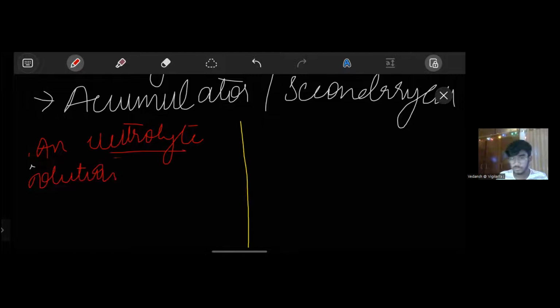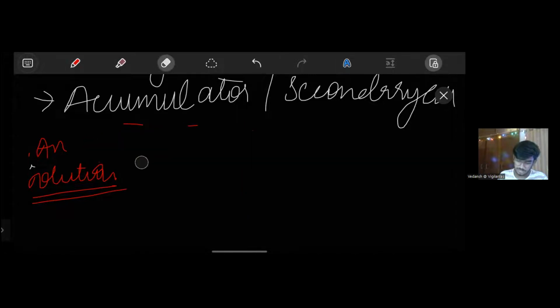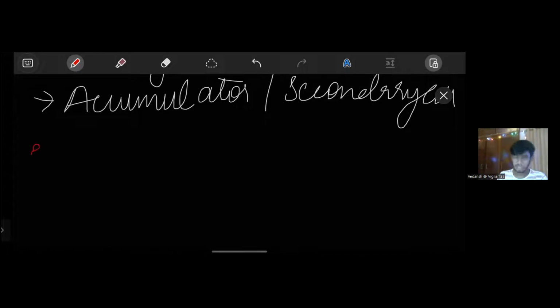This electrolytic solution is a result of the irreversible chemical reactions happening inside. While on the other hand, okay, let me just not give you the difference right away. Let me just tell you the basics of a primary cell first. Then we move on to the accumulator types.